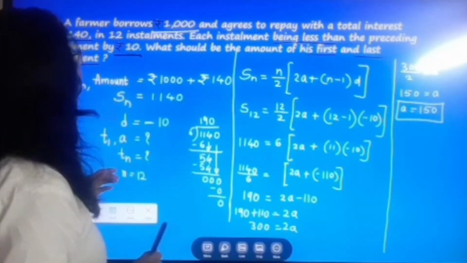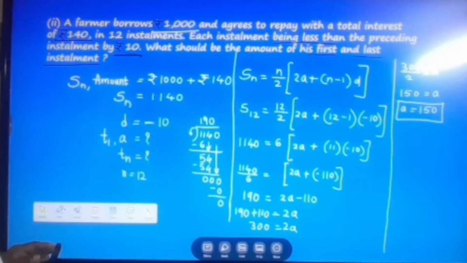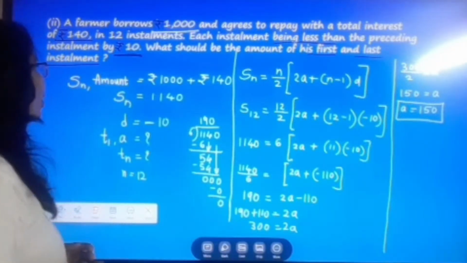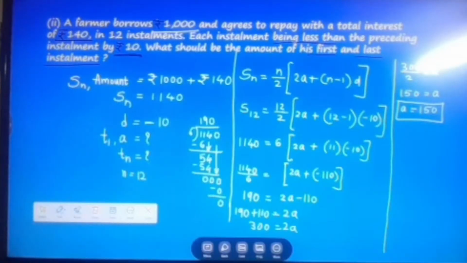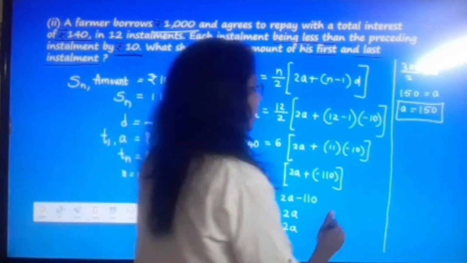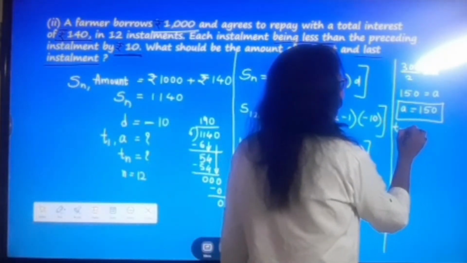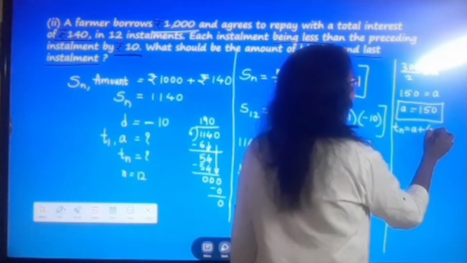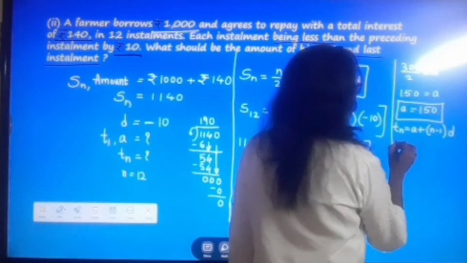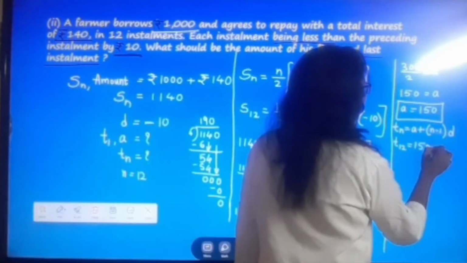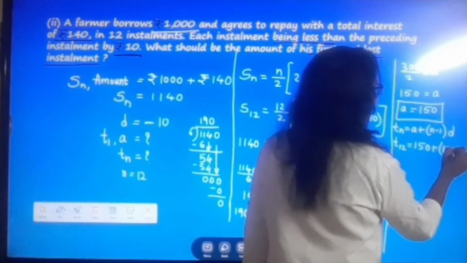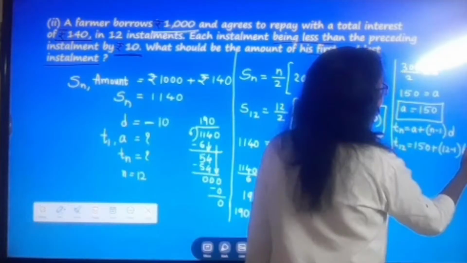So now for the last term, that is Tn. For the Tn we have to calculate with the formula for Tn. So here Tn is equal to a plus (n minus 1) d. So here T12 is equal to a, which is 150, plus n, which is 12, (12 minus 1) times minus 10.